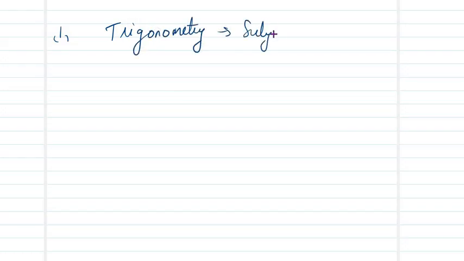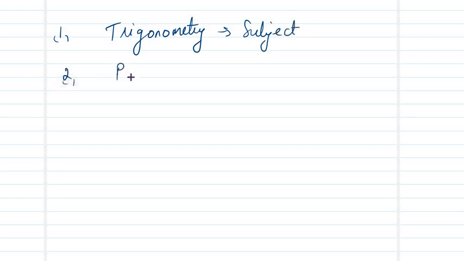Alright everyone, we have learnt more on trigonometry, introduction to trigonometry, where we have learnt the basic trigonometric ratios, the trigonometric ratios of special angles, and finally trigonometric identities. So what all have we learnt? We have learnt about trigonometry as a subject.